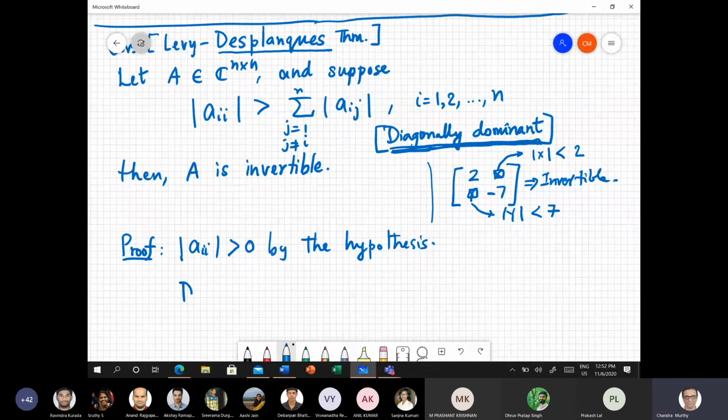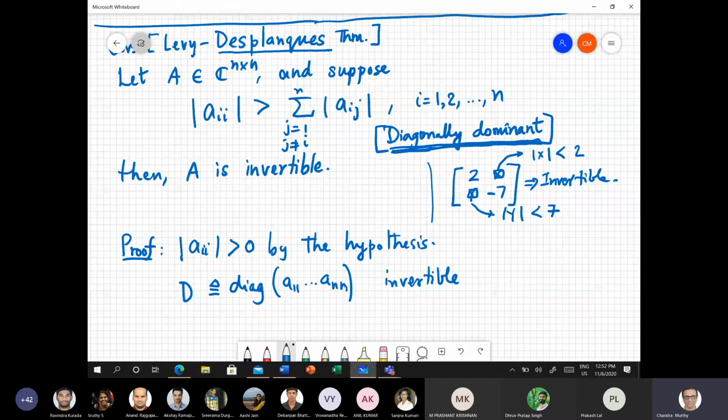So if I take the matrix D defined to be diag of A11 through Ann, this will be invertible. It's a diagonal matrix with strictly positive magnitude entries. In fact, the inverse of this is just A11 inverse, A22 inverse, up to Ann inverse.